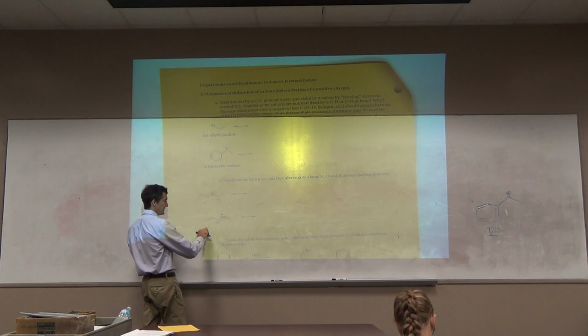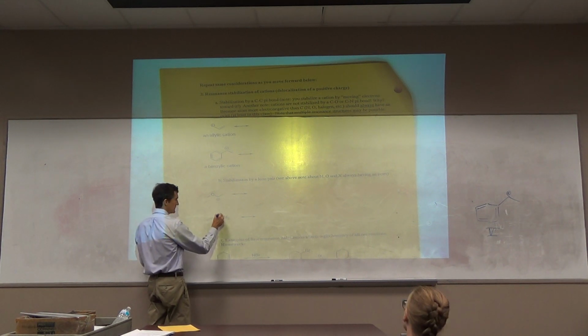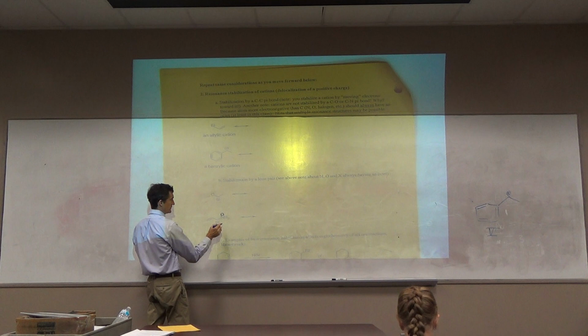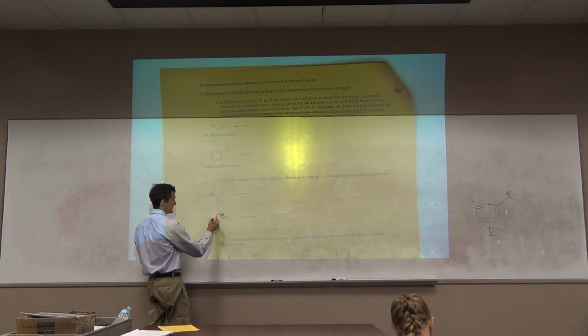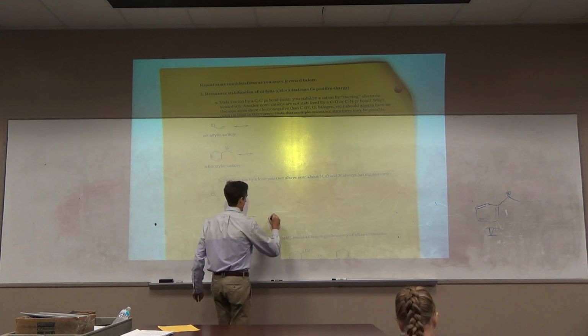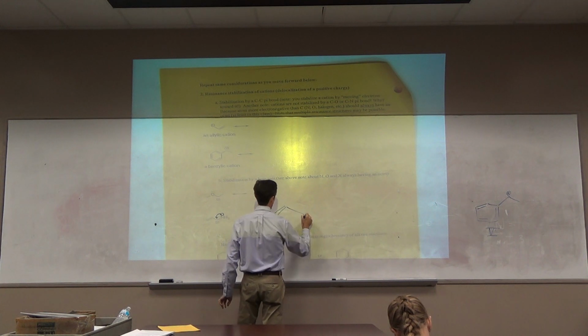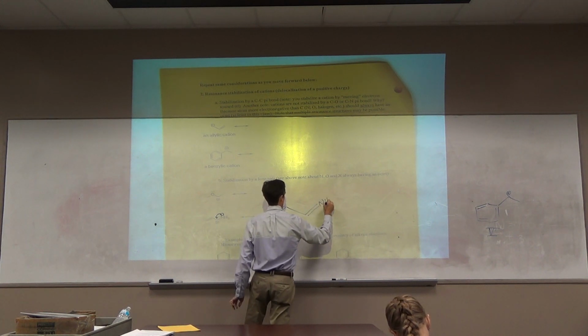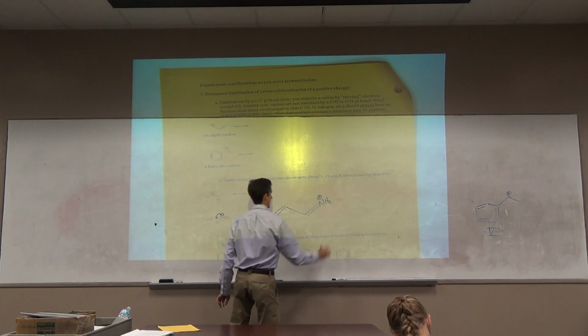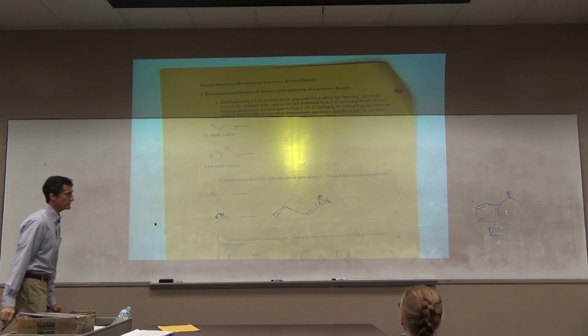I have a lone pair that's conjugated. This lone pair is in a p orbital. Many ways you can approach this, or you just know I can move these electrons in. We get that resonance structure there.